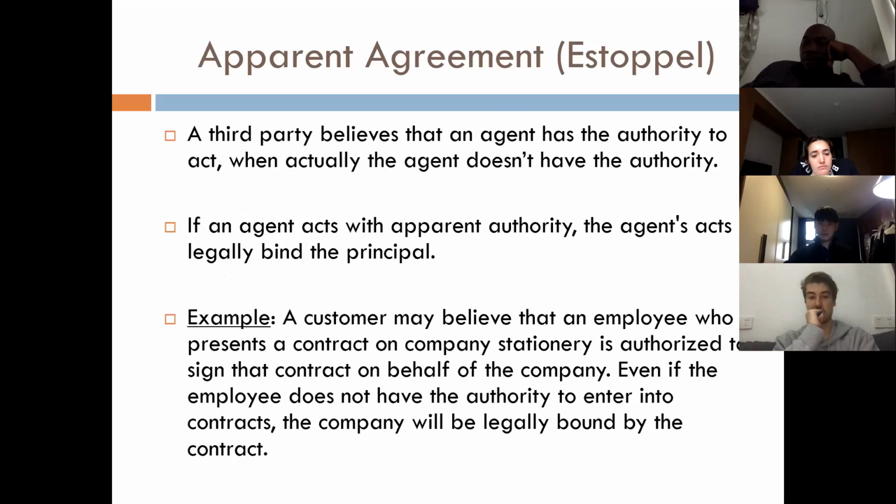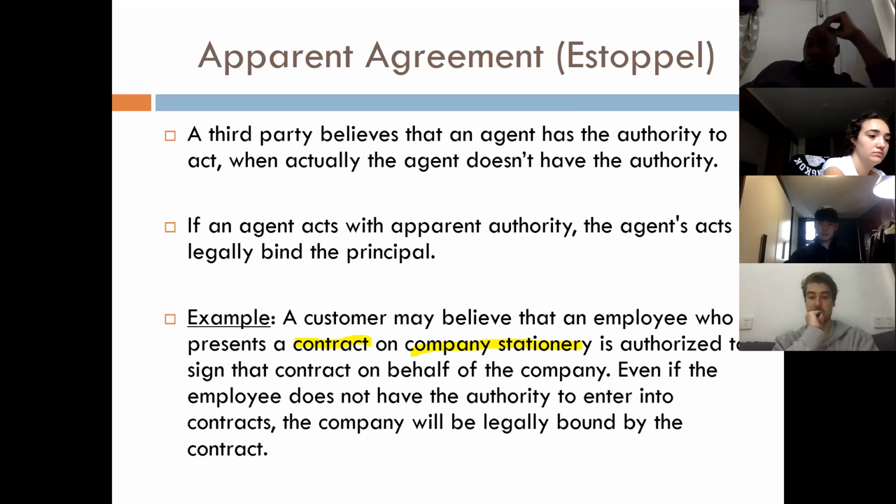So apparent agreement, like I said, it's a little confusing, but if a customer believes that someone who presented a contract on company stationery is authorized to sign that contract, even if the employee does not have the authority to enter into contracts, the company will be legally bound by that contract.